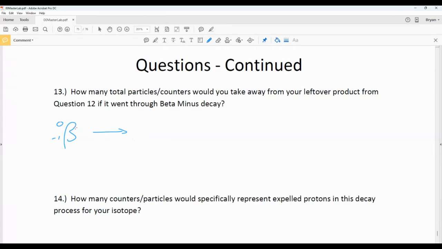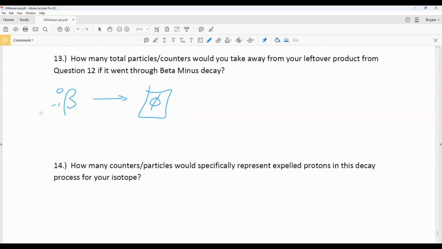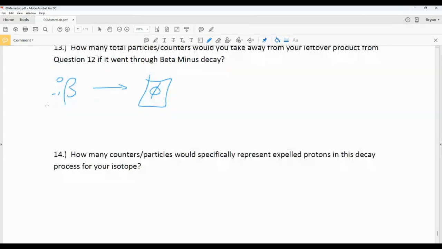But technically, because there's 0 nucleons on top of that, there's not actually any change in the total number of particles. We just have a transition again. Because of the way the equations work out, we would have something subtract negative 1 when we start looking at the protons on the bottom. So it looks like we gain a proton, which is going to mean that a neutron is going to transition into a proton.